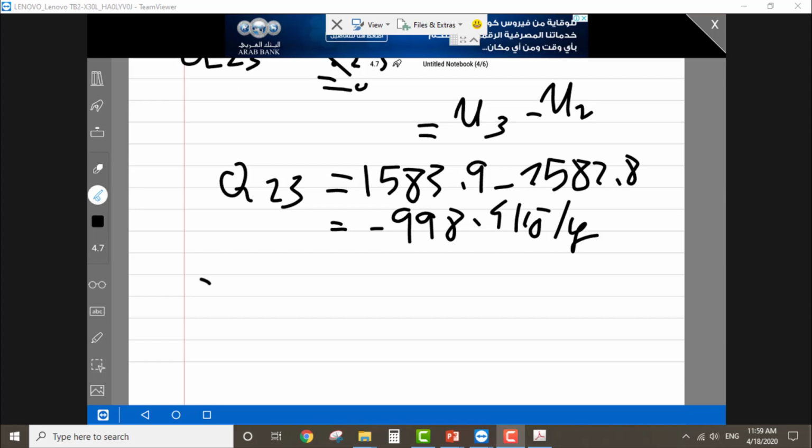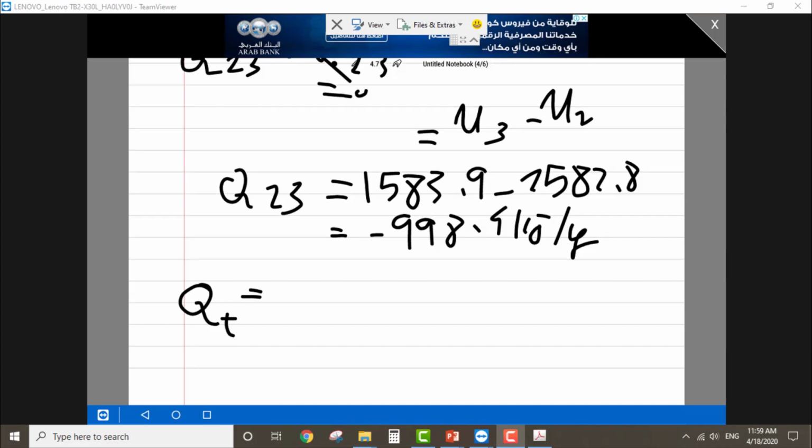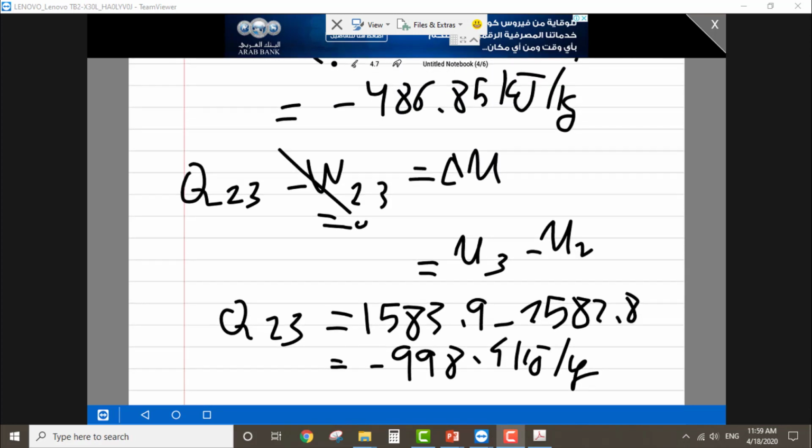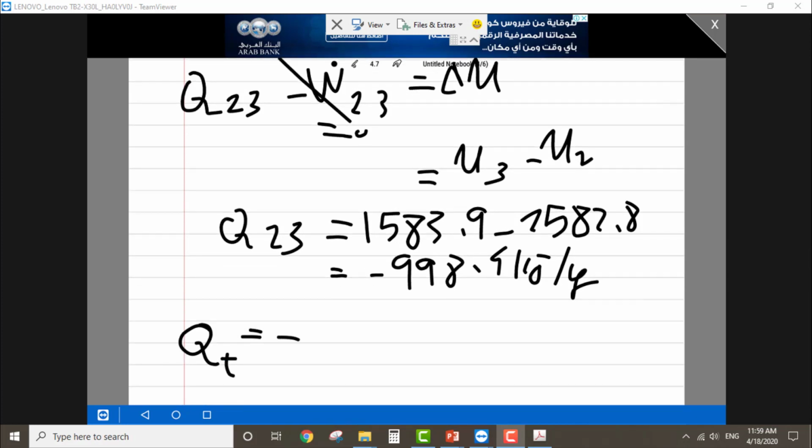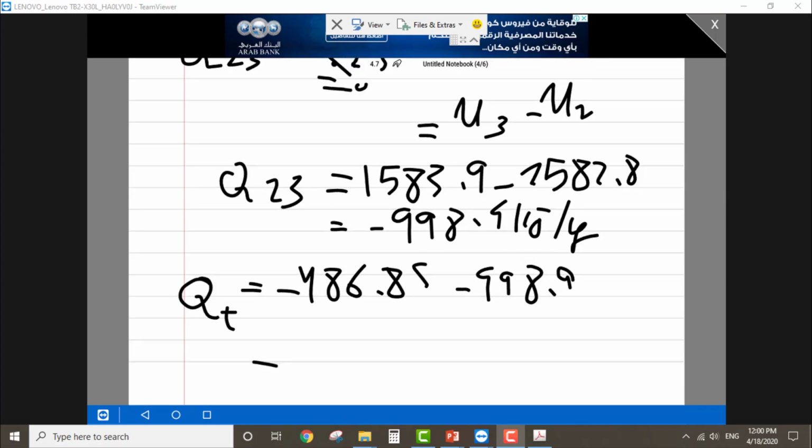So the Q total or Q net is equal to Q1-2, which is minus 486.85, minus 998.9, and the answer is minus 1485.75.